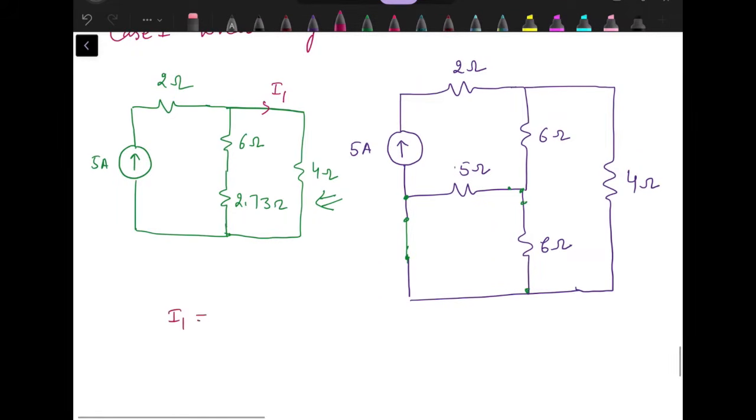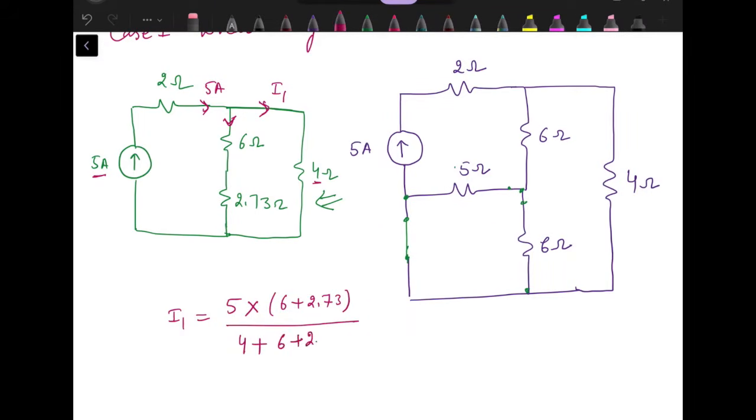So I1 will be the source current, that is 5 ampere. Here we have 5 ampere current which is getting divided into two parallel paths. So 5 into the opposite branch resistance. Now the opposite branch is a series combination of 6 and 2.73 ohm resistance, with 6 plus 2.73 in the denominator, resistance of the branch through which we are finding the current, plus the opposite branch resistance.